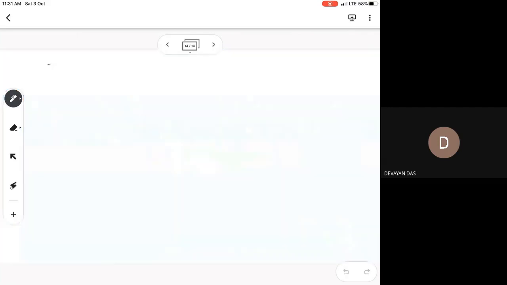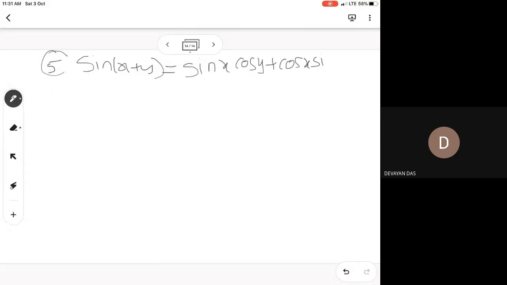The fifth result is sin x plus y is equals to sin x cos y plus cos x sin y. To prove it, sin x plus y can be written as cos of 90 minus x plus y. Can we write?